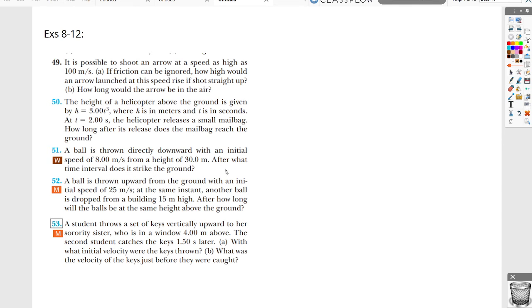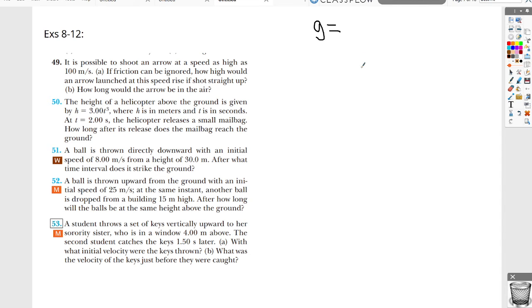So now we're moving on to vertical kinematics, vertical acceleration. And when we take into account up and down, there is always the same acceleration. It's called g, which stands for gravitational constant.